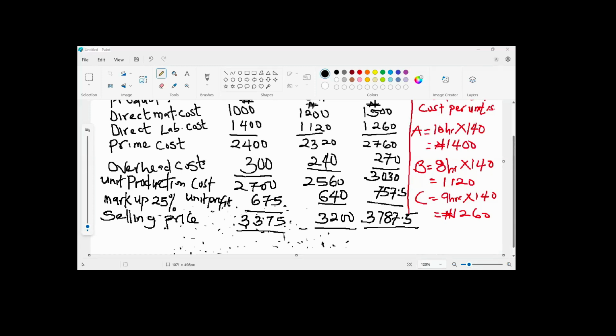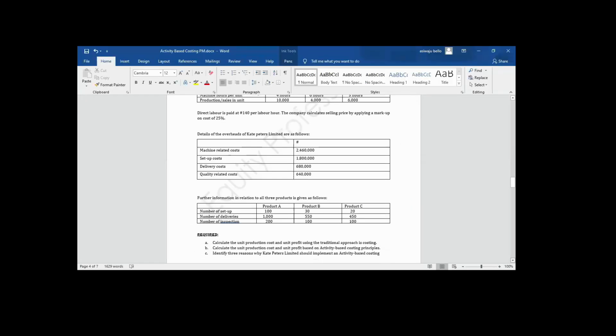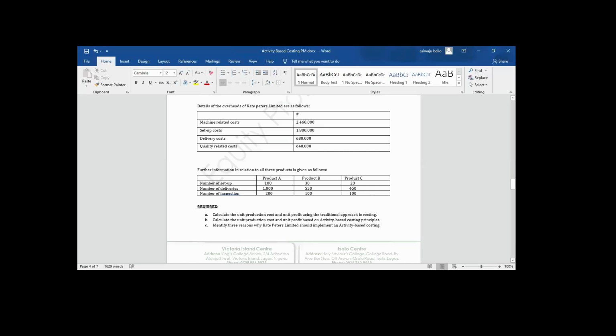All right, let's go back to the question. Requirement B, calculate the unit production cost and unit profit based on activity-based costing principles. Okay, no problem.